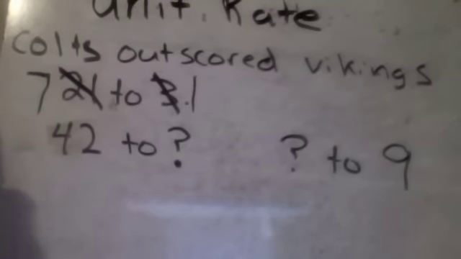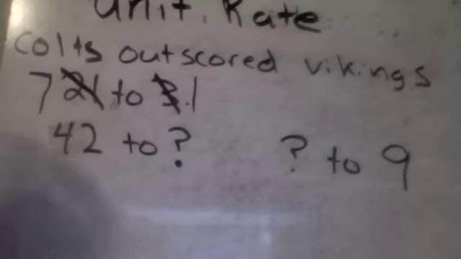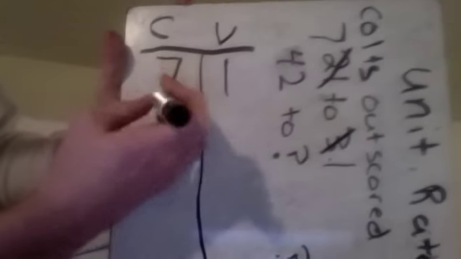Okay, so we could do this in a lot of different ways. One of the easiest ways that I like to do it is to make this chart, and we'll just do Colts, Vikings, and we know that our new ratio is 7-1. Okay, now you could just keep counting up by this particular number. I could do 14-2.